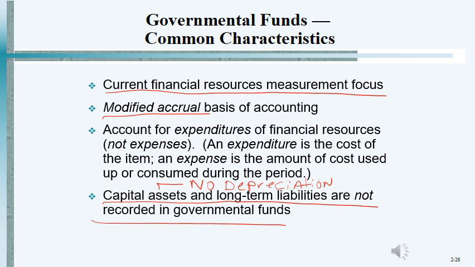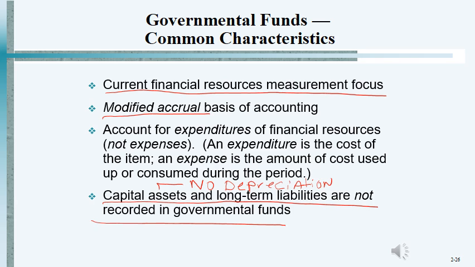Now, sometimes I'll get students to say, well, then where will we report the capital assets? We'll report them at the government-wide level. We do not report them for our governmental funds at the individual fund level. For our proprietary funds, for our fiduciary funds that use full accrual accounting, yes, we will have our capital assets, our long-term liabilities.